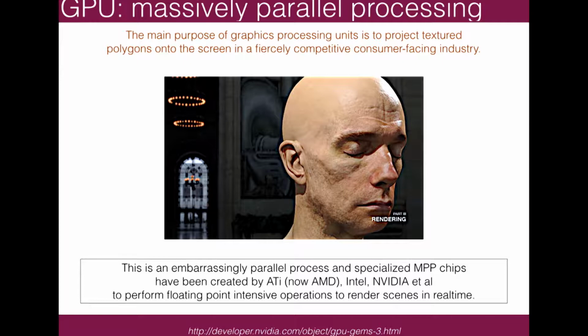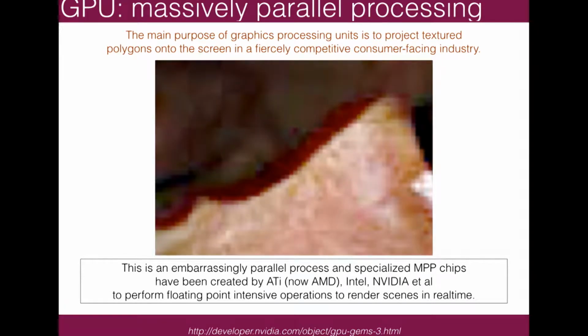So a GPU is originally designed to manage that type of massively parallel operation. In fact, it's embarrassingly parallel operations because these pixels can be computed independently. I just zoomed in on one part of it.